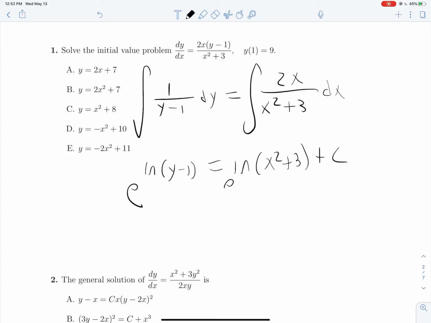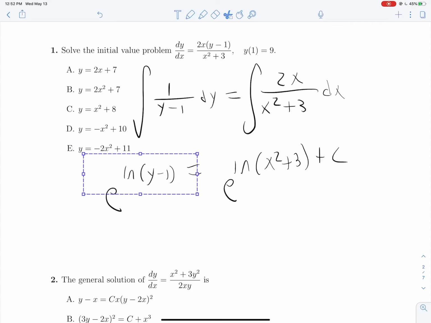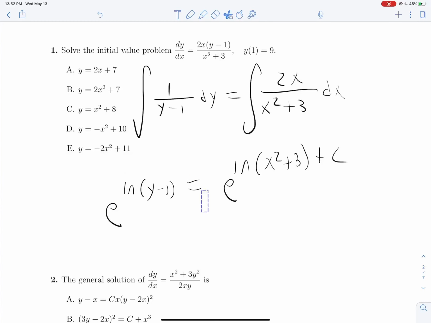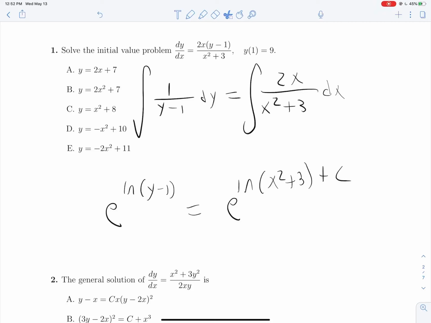Then we will take e raised to both sides, and the spacing always gets a little weird. There we go. And so if we do that, we can bring this c down in front because we could write this as times e to the c, and e to the c is just a different constant.